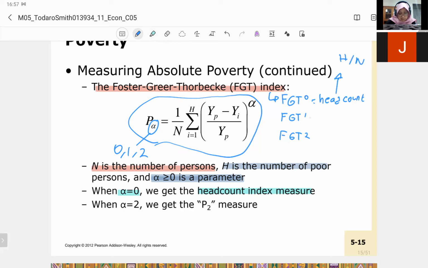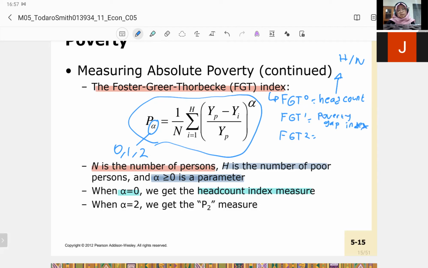And then we have FGT 1 and FGT 2. When you put alpha equal to 1, then you calculate FGT 1, which basically equals the poverty gap index.